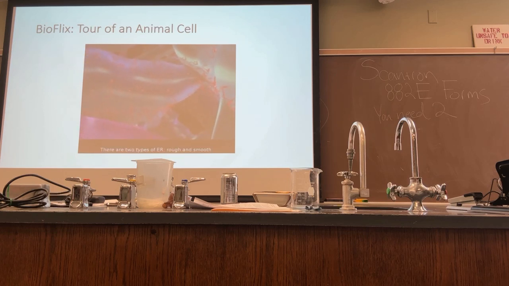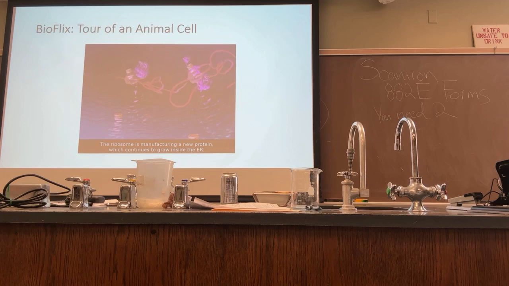There are 2 types of ER, rough and smooth. Rough ER is covered with ribosomes. Smooth ER lacks ribosomes. Lipids are made in the smooth ER. Let's go inside the rough ER. Note that you can still see the ribosome on the outside surface.